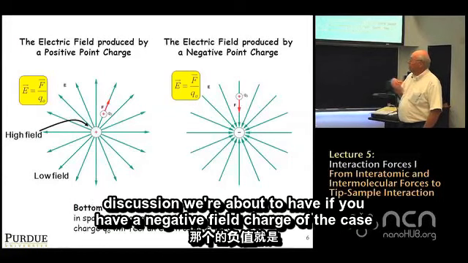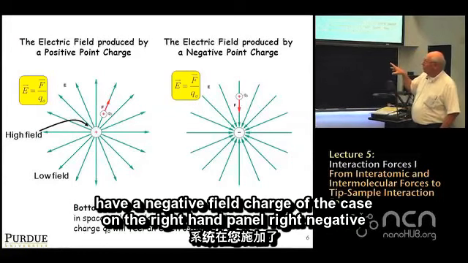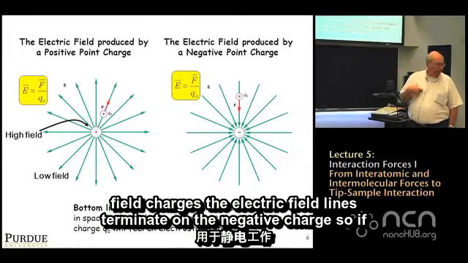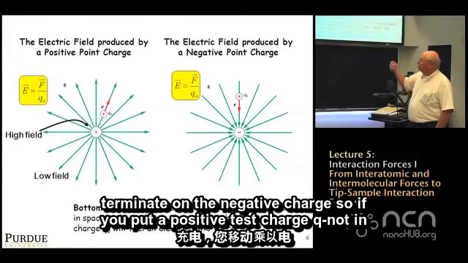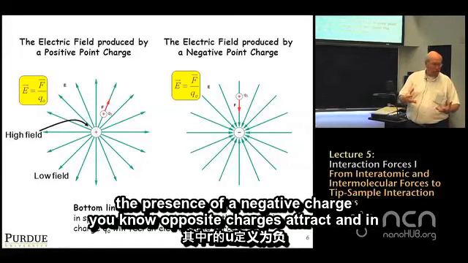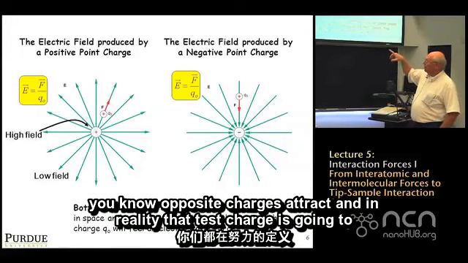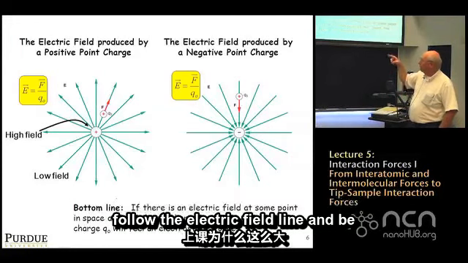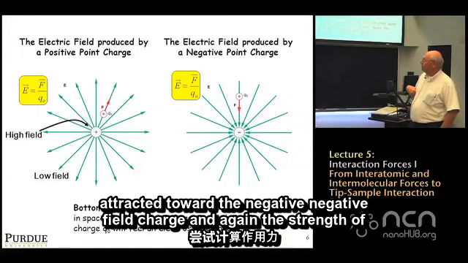In the case of a negative field charge, in the right-hand panel, the electric field lines terminate on the negative charge. If you put a positive test charge Q naught in the presence of a negative charge, opposite charges attract, and the test charge will follow the electric field line and be attracted toward the negative field charge.